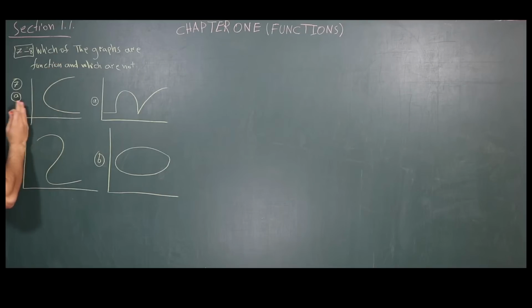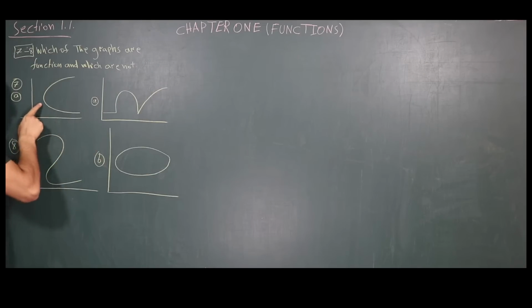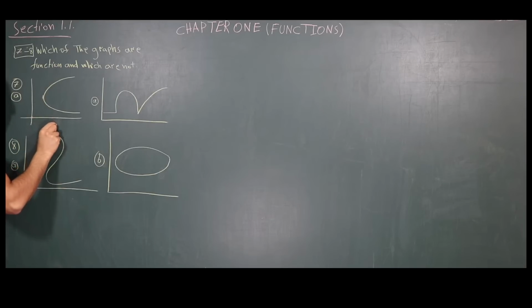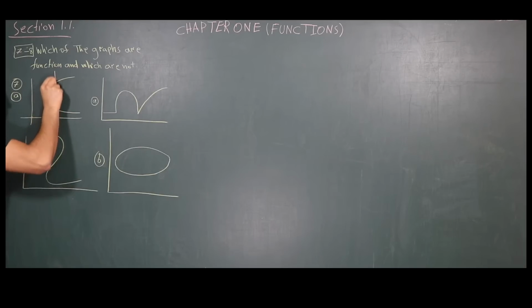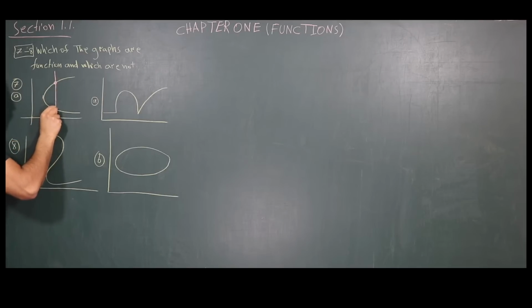We will scan a vertical line, starting from the beginning of the graph all the way to the right, and we can see easily that when we pass this point, this line will intersect the graph in 2 points.